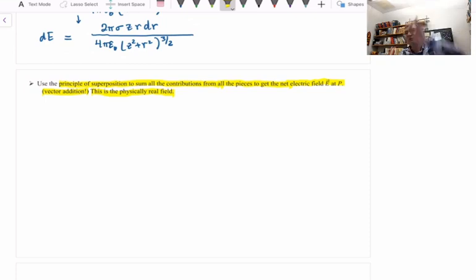So all the dEs just point straight up, so all we have to do is add their magnitudes. This is one case where the vector addition is easy. Okay, so that's what I'm going to do next.